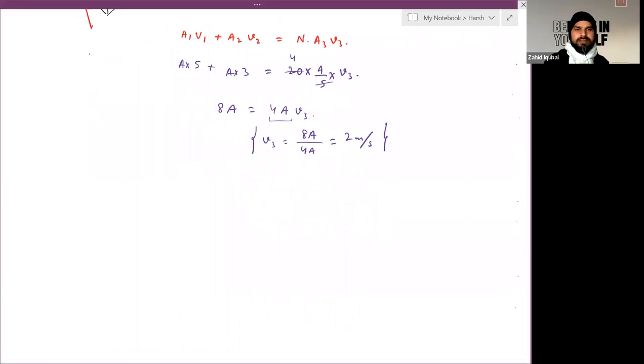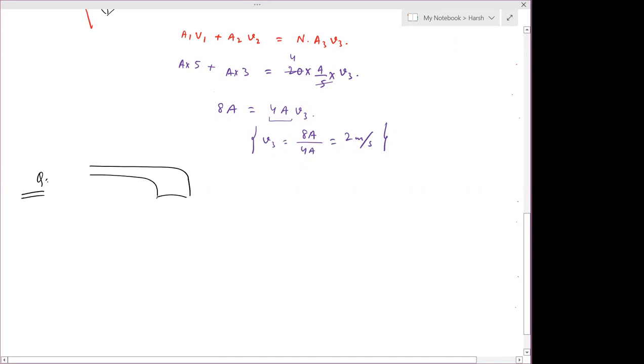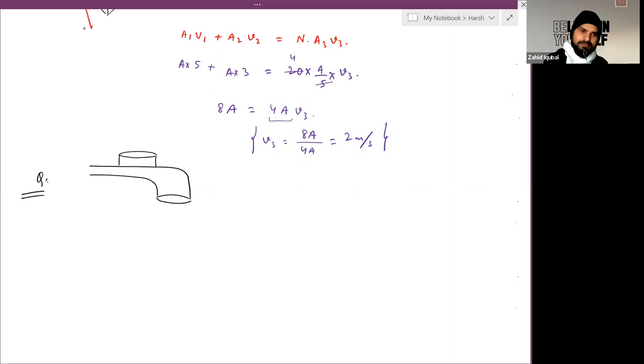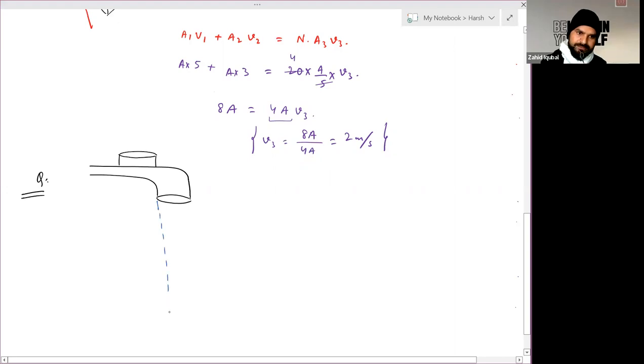Now, related to this part, there will be a conceptual question. You must have experienced, suppose there is a tap. When you open this particular tap, the structure of liquid ejecting from it must be like this.